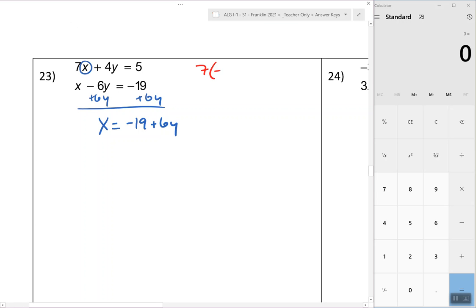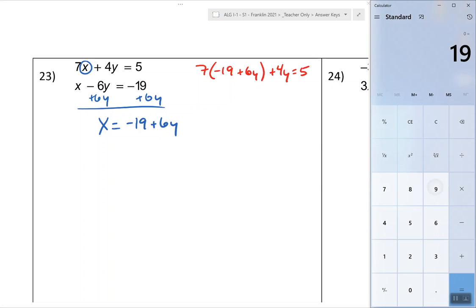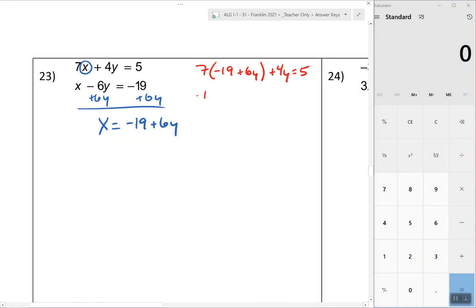So 7 times -19 plus 6y plus 4y equals 5. So distribute. I believe that's -133, but let's go ahead and just double check that. Yeah, -133 here. So -133 plus 42y plus 4y equals 5.